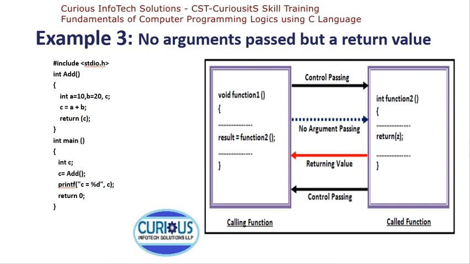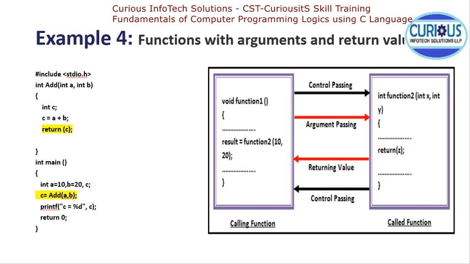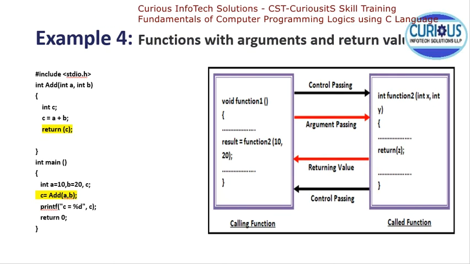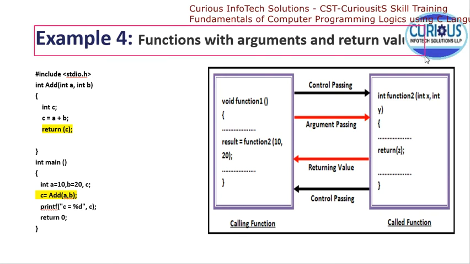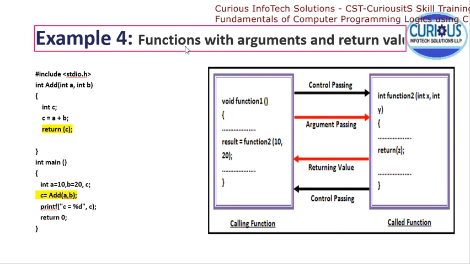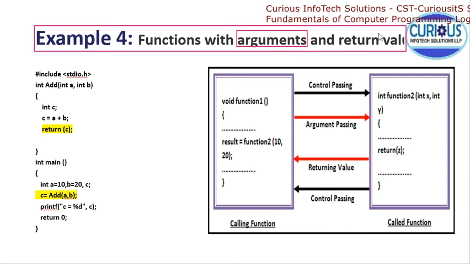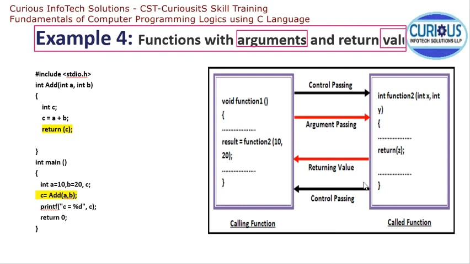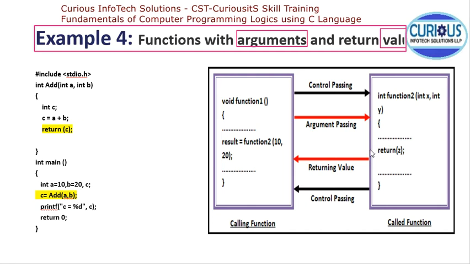Now the last example, where the passing argument is there and the return value is also there. Okay, this is the last case. In this case we are sending arguments and there is a return value also. See here, by this red arrow we can easily understand that something is going on in this way.